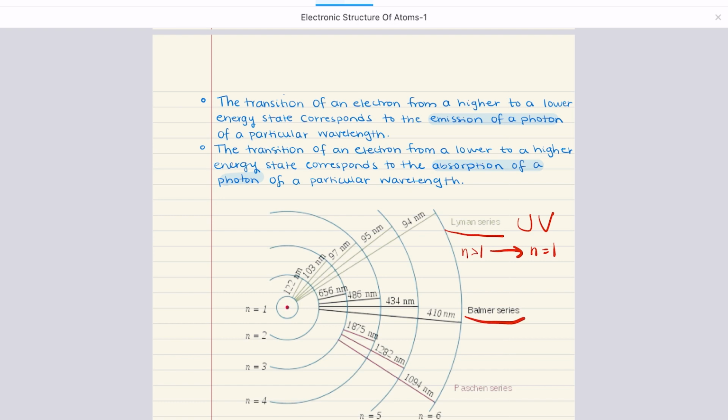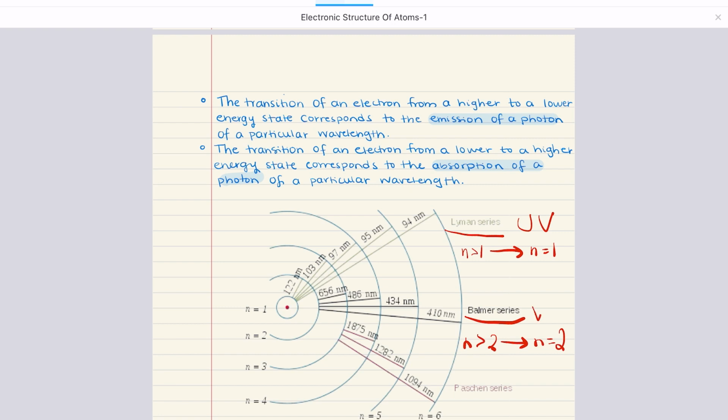The Balmer series accounts for the electron transitions from higher energy levels, n greater than 2, down to the second energy level, n equals 2. This series lies within the visible spectrum, which is why the Balmer lines are historically significant. They were the first spectral lines of hydrogen to be observed and correlated to a model of electronic transitions.